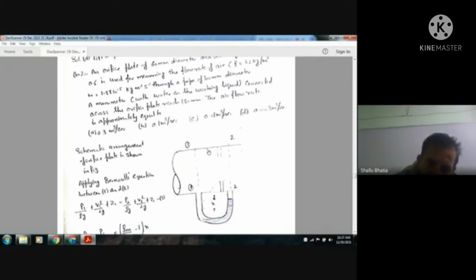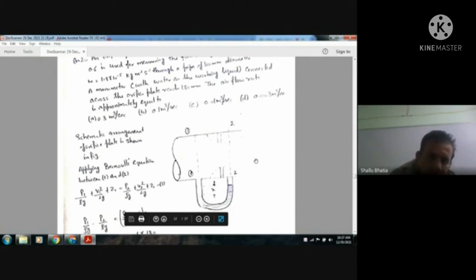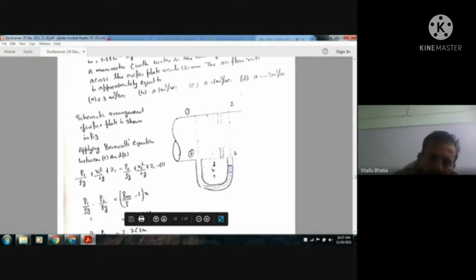Applying the Bernoulli equation at 1-1 and at 2-2: at 1-1 we have P1 by rho g plus V1 square by 2g plus Z1, and at 2-2 we have P2 by rho g plus V2 square by 2g plus Z2. Now the pressure difference is given by this manometer. Suppose rho m is the density of mercury and rho is the density of the fluid.